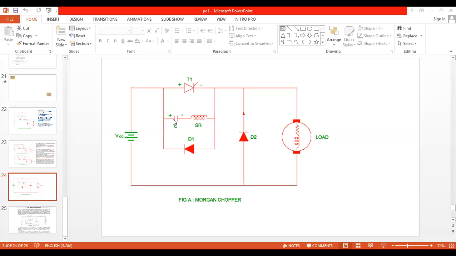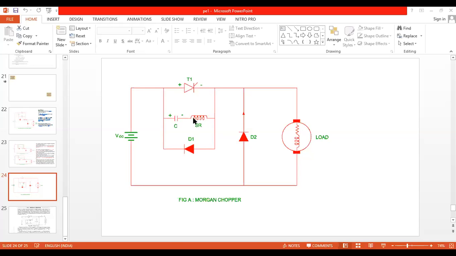The discharging current flows from C plus to the SCR, from the SCR to the saturated reactor, which starts to energize, and stores the energy, and from the saturated reactor to C minus. Okay, now this is done.